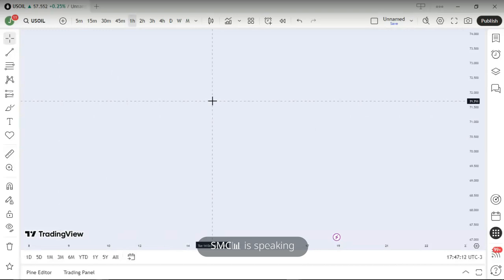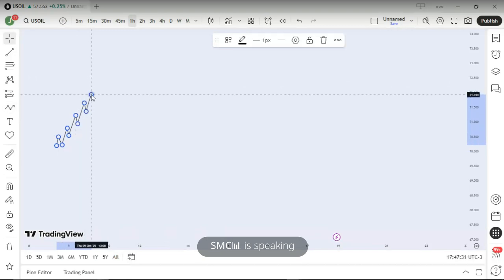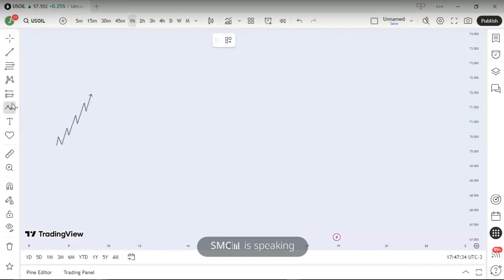For example, when the market creates continuous higher highs and higher lows, this is said to be an uptrend. The same applies for a downtrend, when the market is creating lower highs and lower lows. So that's the market structure.